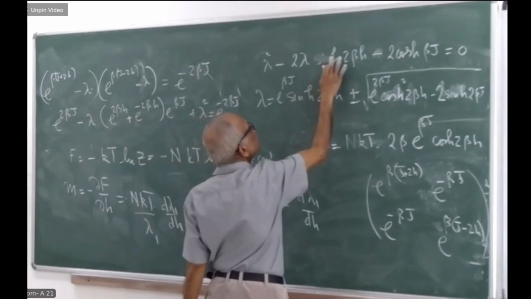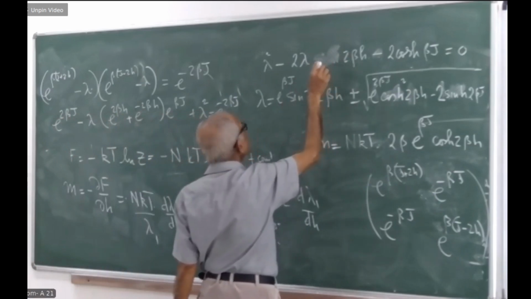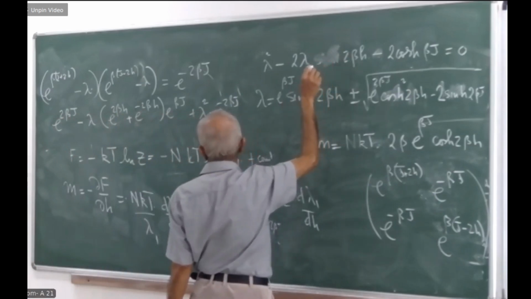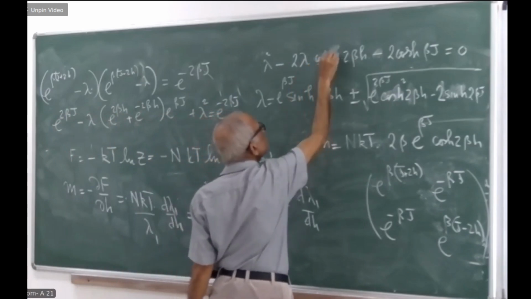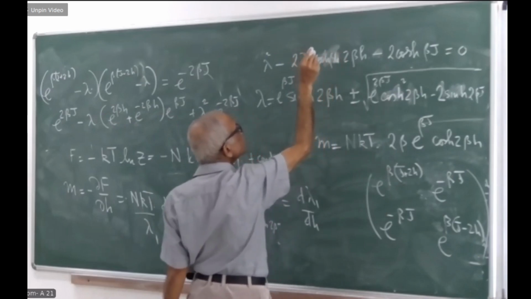Lambda square minus, this is cos hyperbolic beta h.